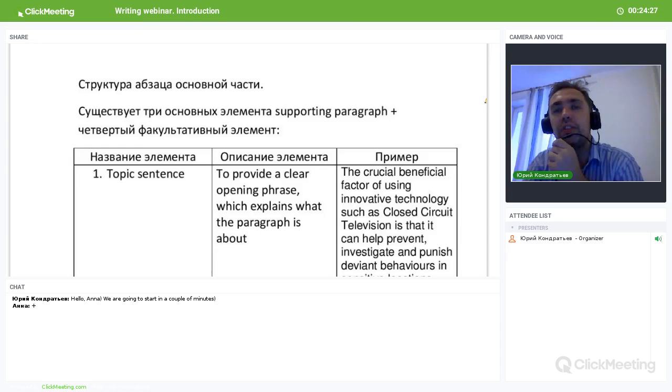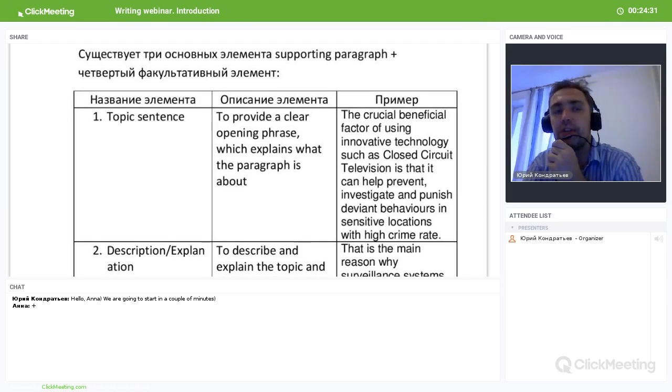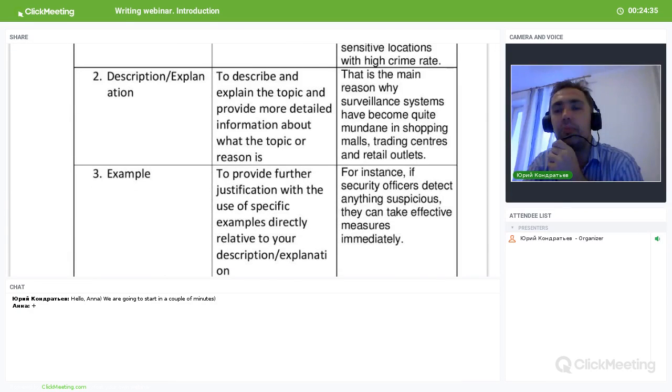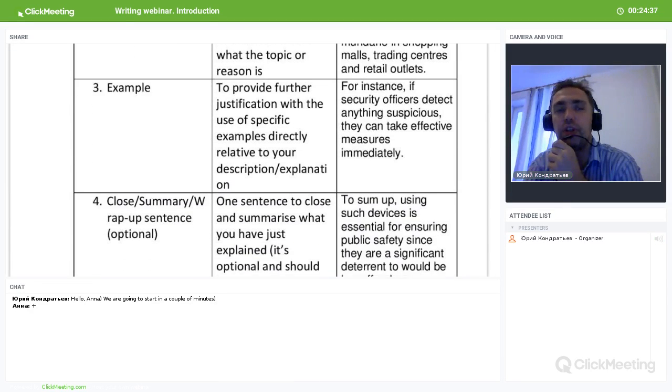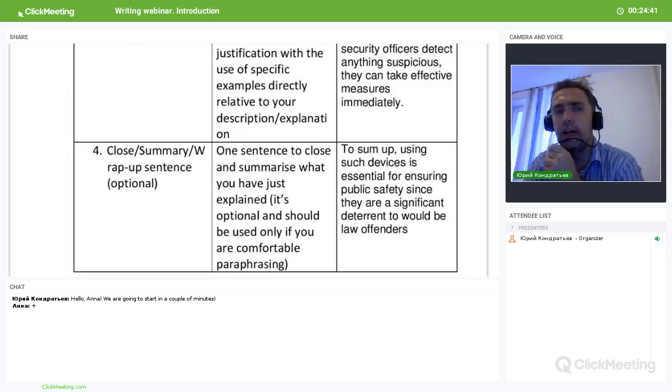Basically, there are three main elements: the topic sentence, then description or explanation, an example, and if you wish, you can also use a mini conclusion, a close, a summary, a wrap-up sentence. It is not necessary, but for example, if you haven't written enough words and you need 250, you can write just one more sentence.